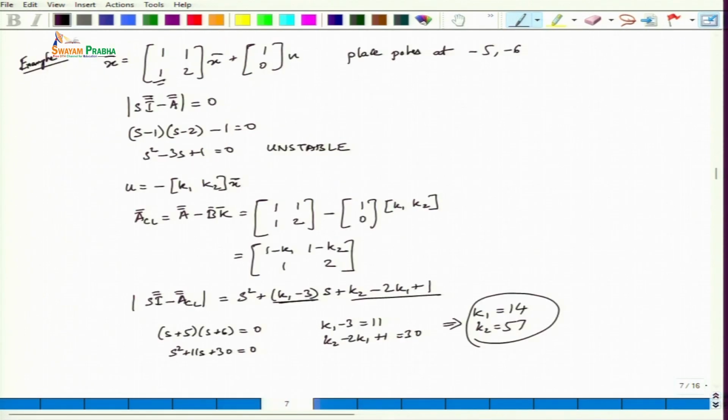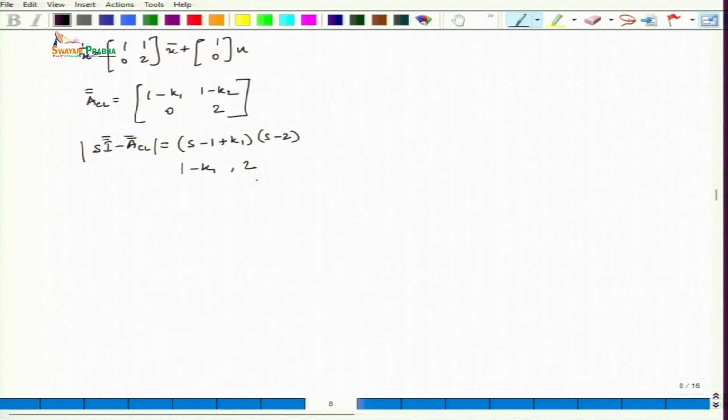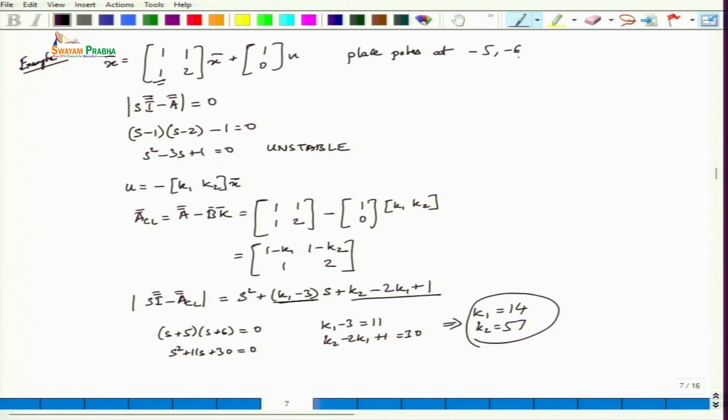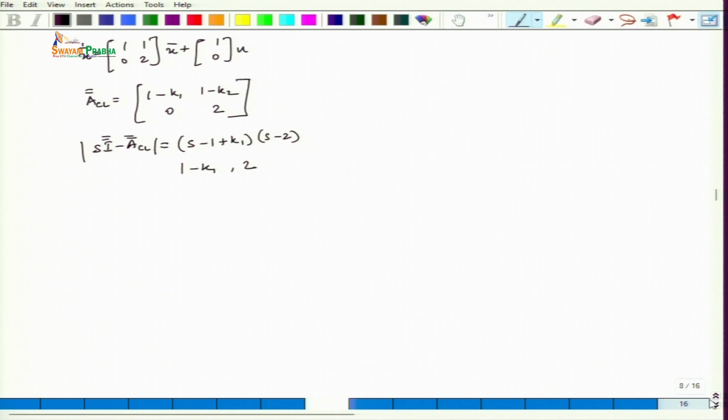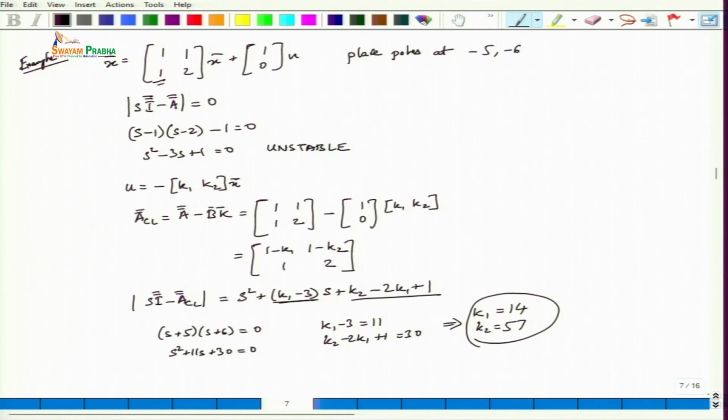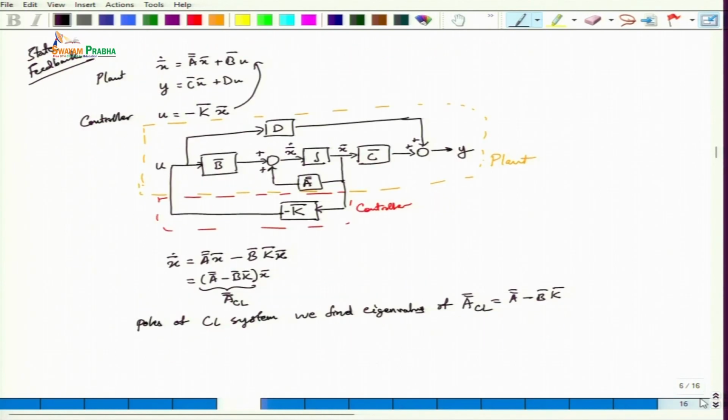So this system will be always unstable and we cannot place both the poles at minus 5 and minus 6. Now why does this happen? This happens because this system is not controllable. That is something control designers need to keep in mind: we can apply a state feedback controller provided the plant to begin with is controllable.